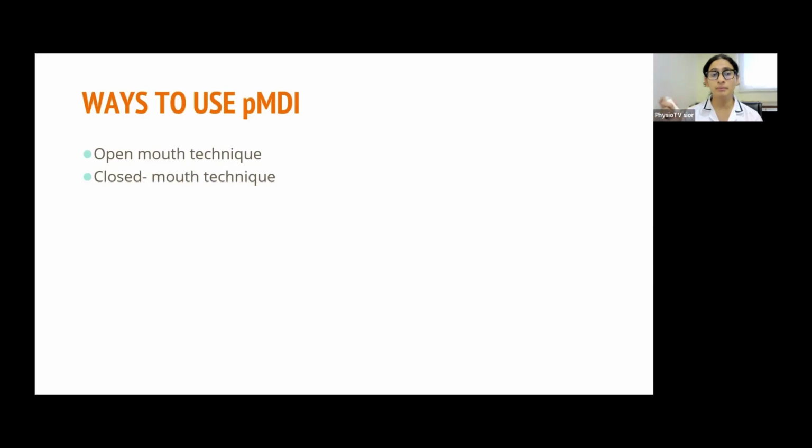In the open mouth technique, the patient needs to keep in mind that they have to keep a 2-finger distance between the lips and the PMDI, and tilt the device in such a way that there is maximum deposition of the medication inside the lungs rather than in the oropharynx.